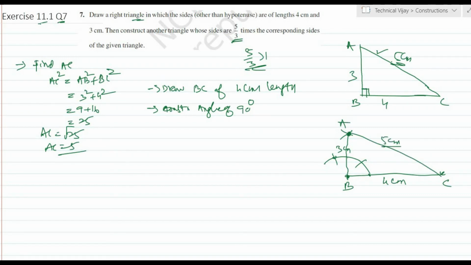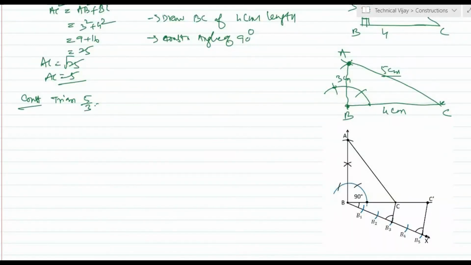After this we have to construct the triangle that is 5/3 times. Here is the diagram: BC of 4 centimeter, the 90 degree angle, and this is the bisector. This point is A and this point is C. For the 5/3 ratio, the greatest number is 5, so we have to make 5 equal parts.